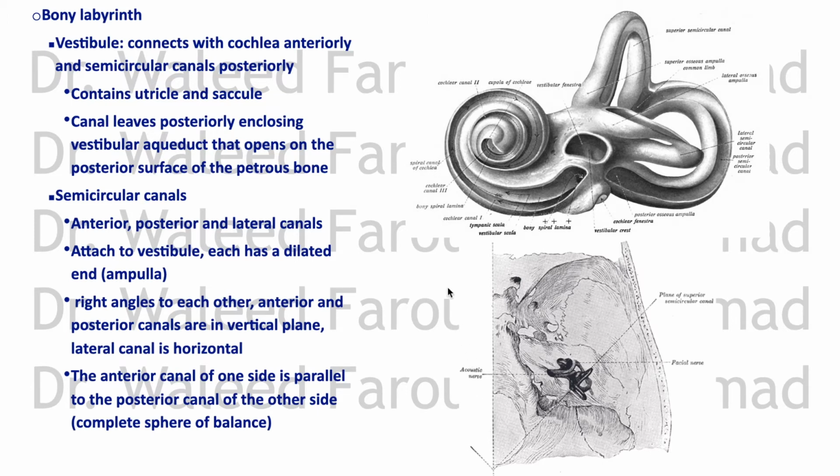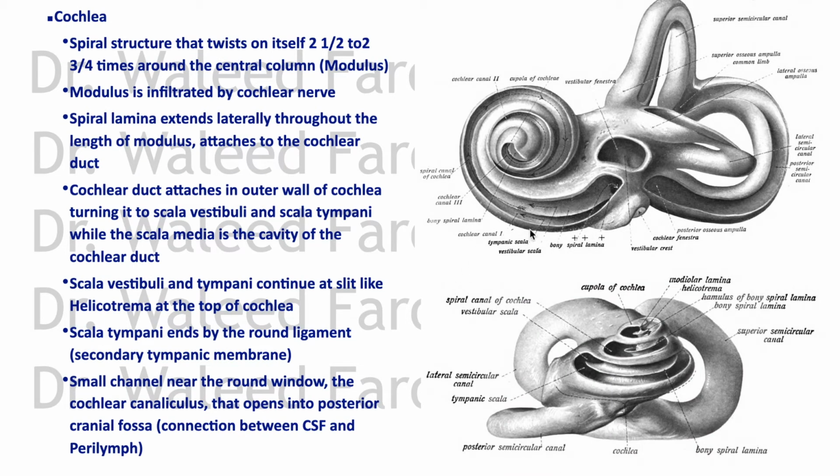Okay, the cochlea is about 2.5 to 2 3/4 turns around a central modiolus. This is the modiolus. Of course, the modiolus is already taken up by the fibers of the cochlear nerve, as we will see later, but it still was the original axis around which the bone made 2.5 or 2 3/4 turns.